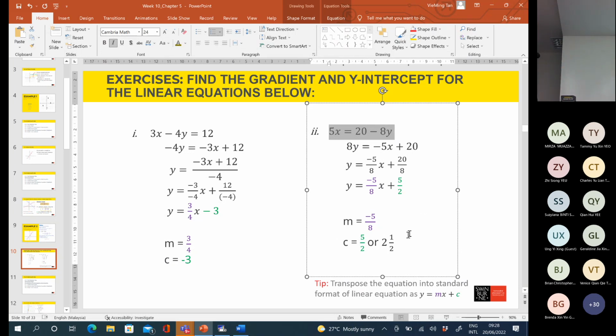This linear equation has a downward sloping curve. And then this line will pass through the y-axis when y is equal to 2.5.